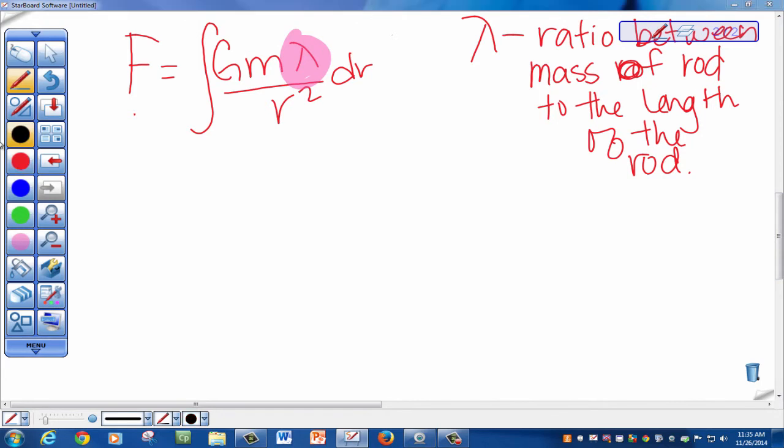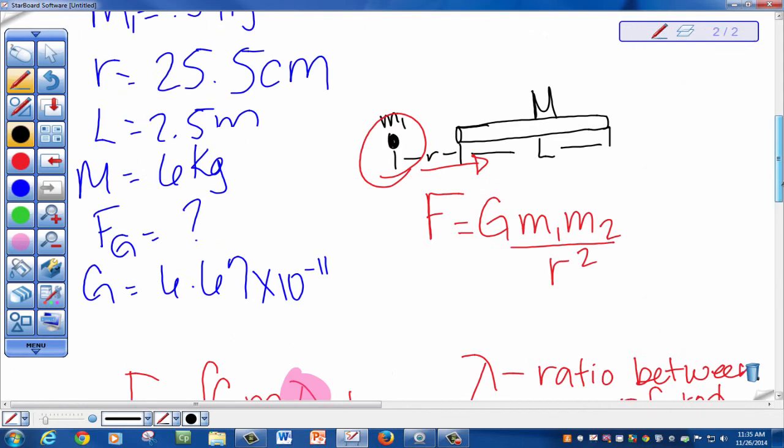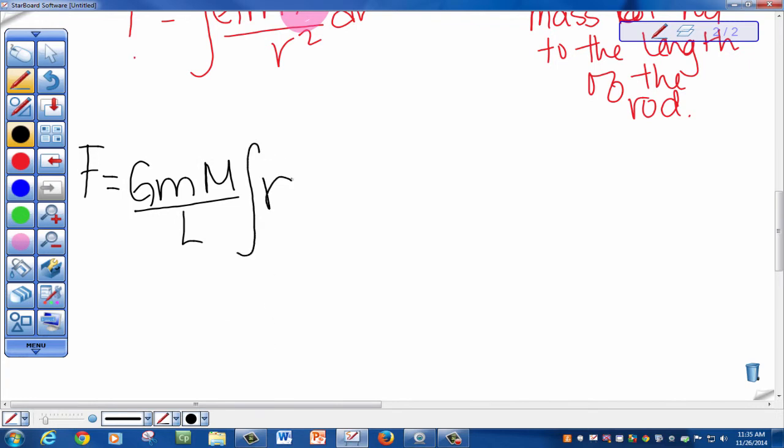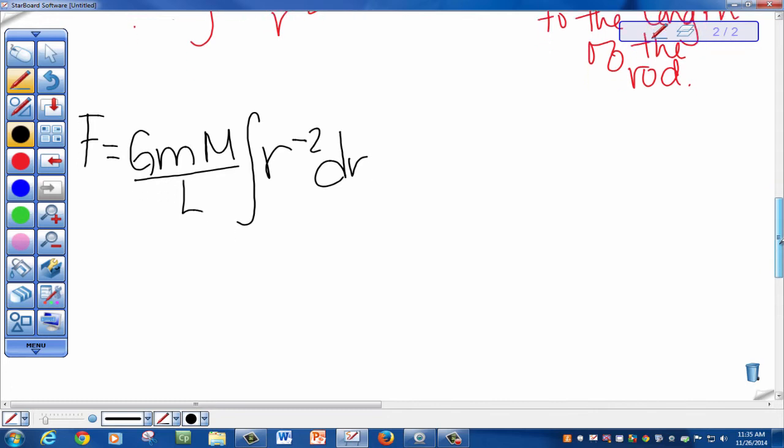So we already know G, m, and lambda are constants because those are the values that were given to us in the problem. So we can write the formula as F equals G m, the ratio between the mass of the rod and its length, times r to the negative second power dr. And then you would just go about the integration.